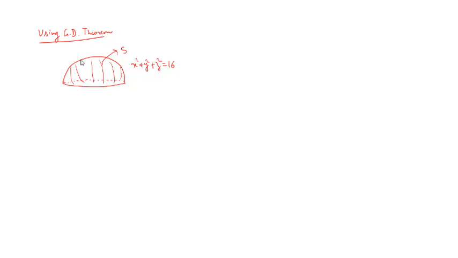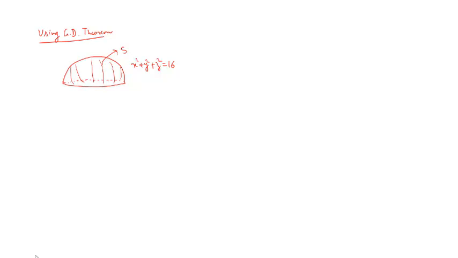The given surface S was not a closed surface, it was just a hemisphere. Actually, it was part of the sphere x square plus y square plus z square is equal to 16, lying above the xy plane. So first, we have to extend the given surface to make a closed surface.